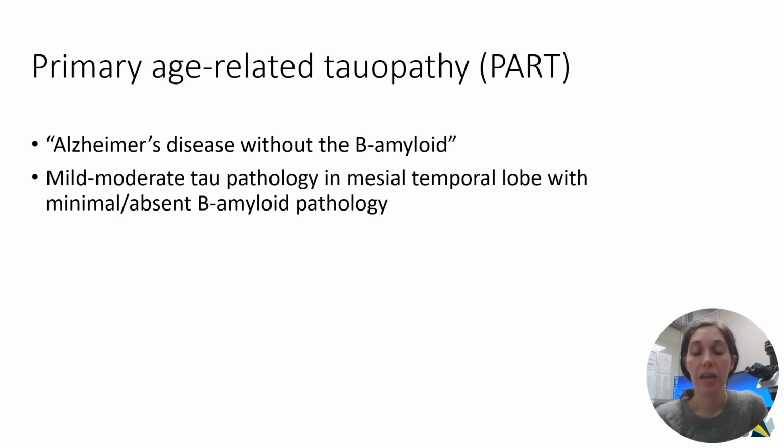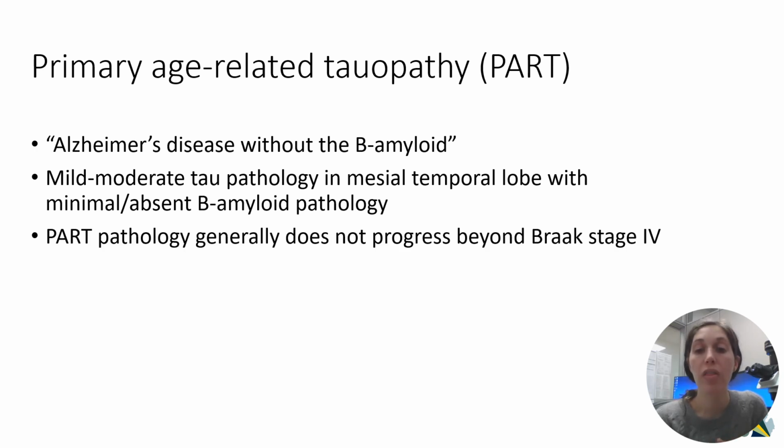But there are many different morphologies that tau pathology can take. But in PART, the tau pathology looks pretty much identical to the Alzheimer's disease pathology. And I say that in terms of distribution. So in both Alzheimer's disease and in PART, tau pathology begins in the transentorhinal cortex and then progresses to involve the pyramidal neurons of the hippocampus and then finally the isocortex.